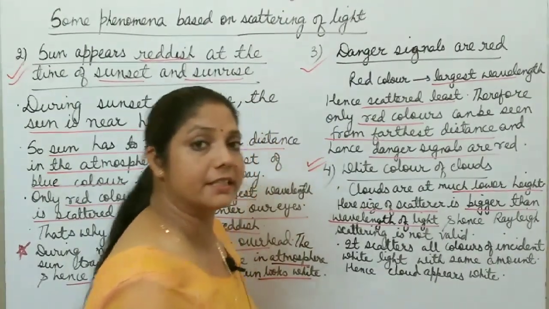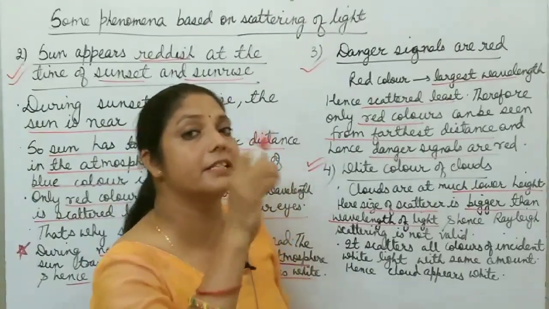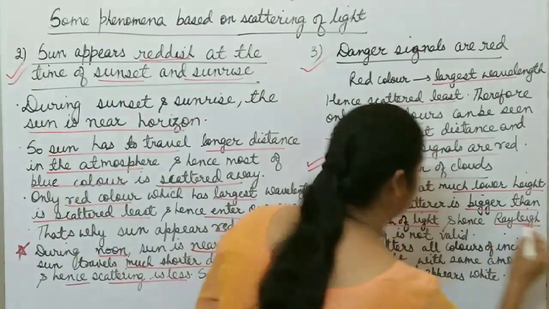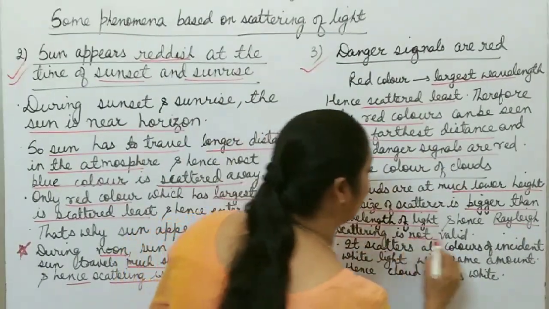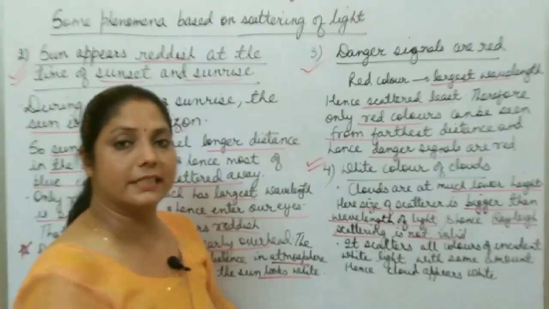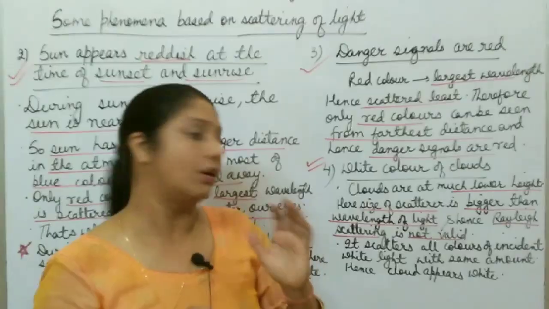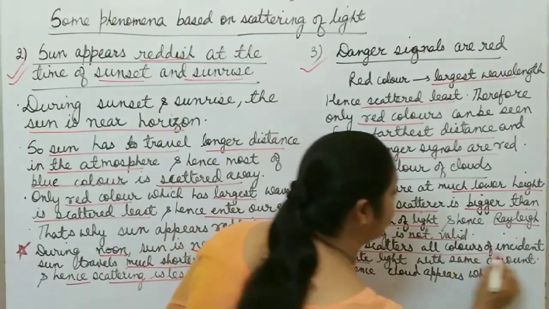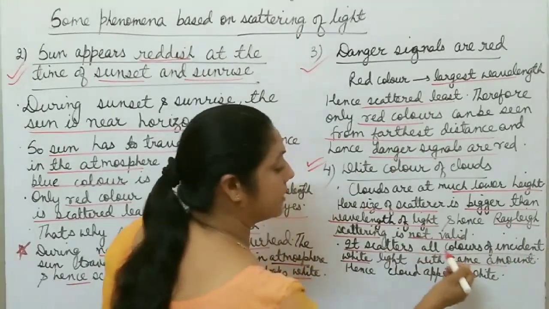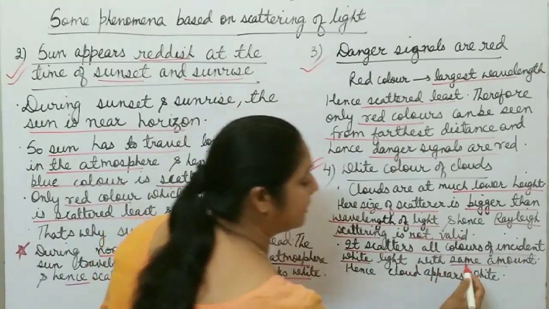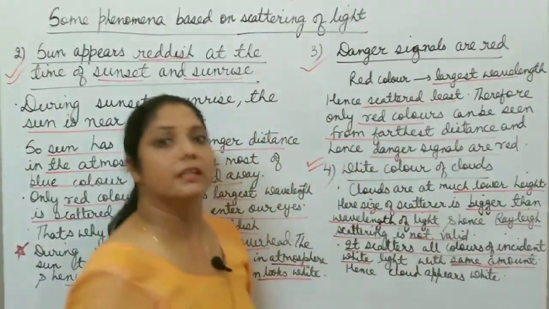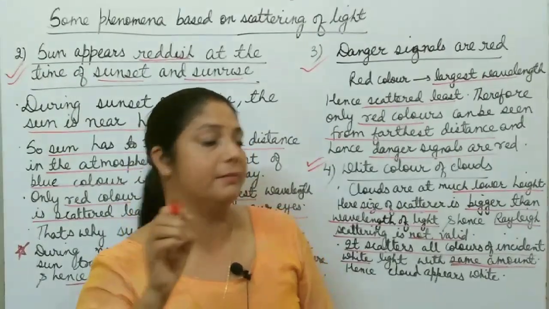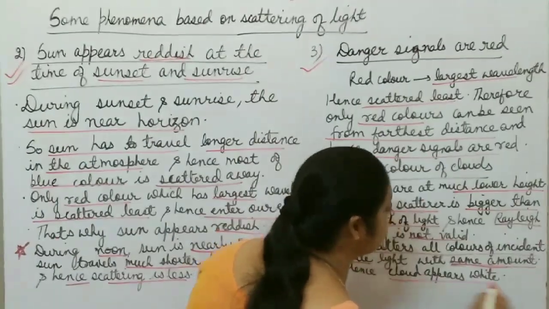And we already discussed, if the size of a scatterer is larger than the wavelength of light incident, in that case Rayleigh scattering is not valid. It means it scatters all colors of incident white light in the same amount. It means the intensity of all colors of the scattered light is the same, and hence the cloud appears white.